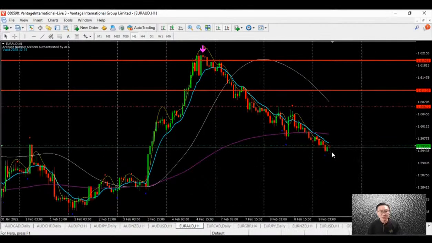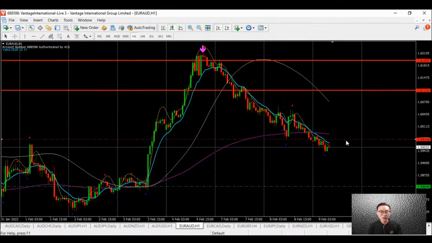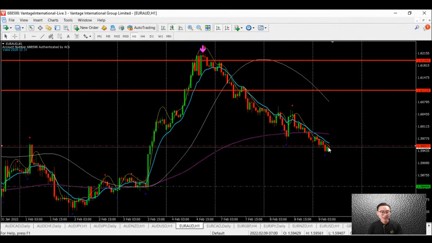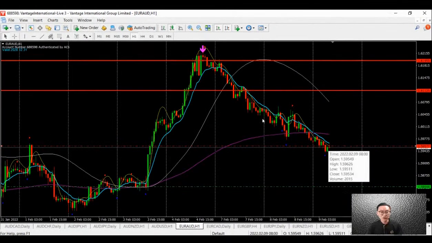Once it breaks the support, looks like it's breaking. Euro Aussie is quite good because you have good space, and this will become the resistance. It is breaking the support, and now it seems the breaking of the support reverses up with a new resistance.